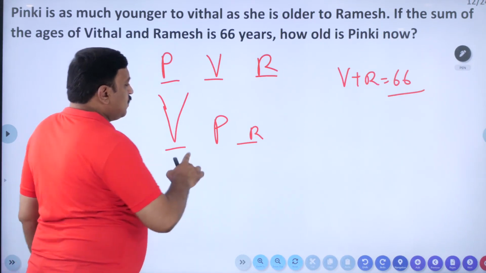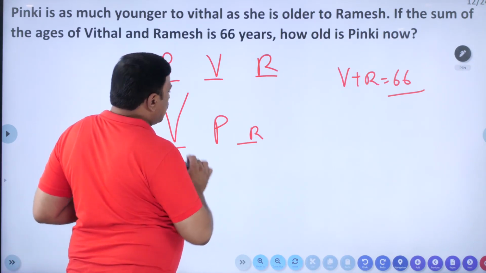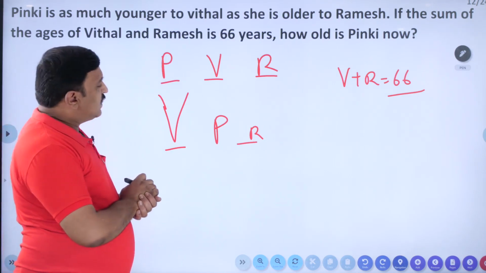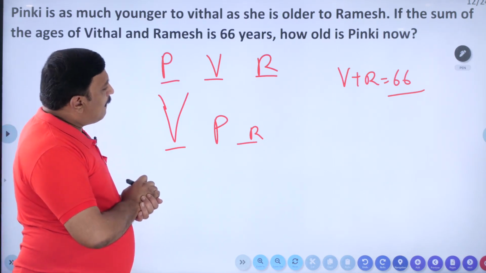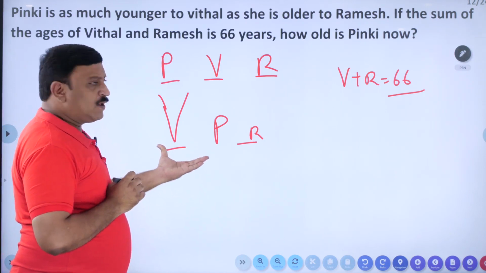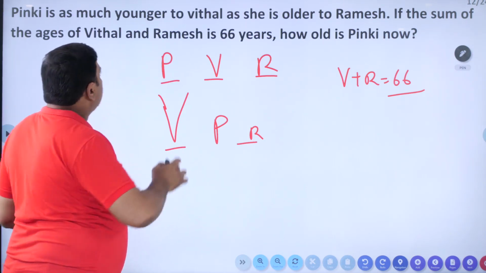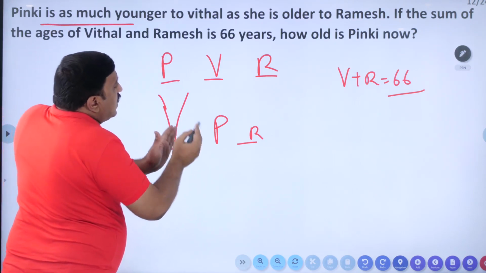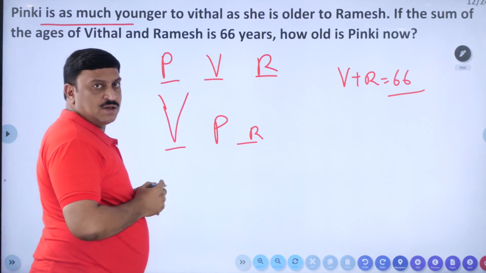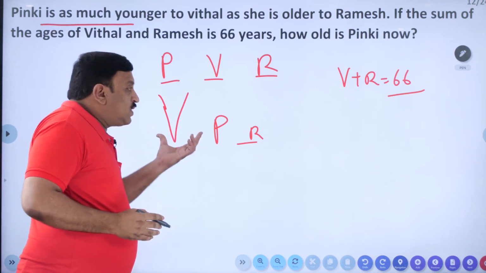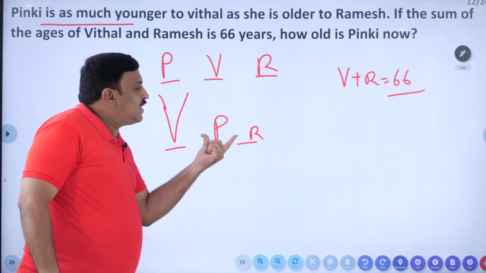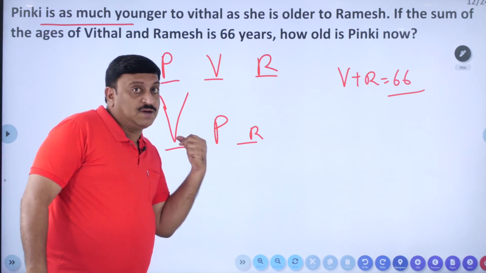You see here Pinky is not given, but Vittal and Ramesh are given. Vittal plus Ramesh is 66 years. Now, if you see the terminology, Pinky is as much younger to Vittal as she is older to Ramesh. That means whatever the difference between Vittal and Pinky is, the same difference is there between Pinky and Ramesh.